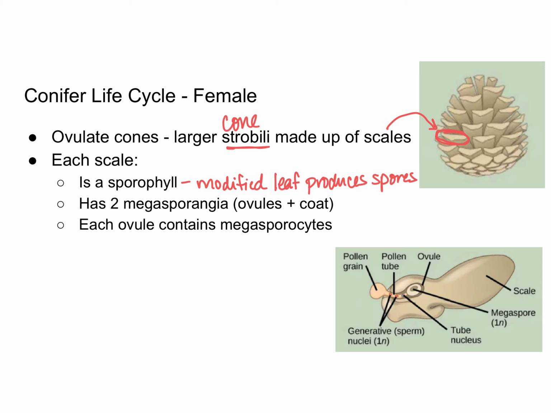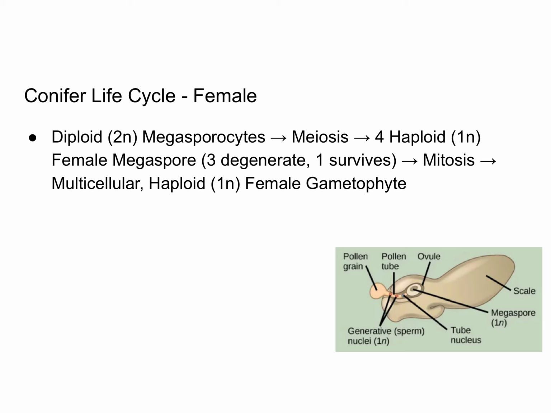In this picture, it doesn't show that much detail, but you can see the ovule. This ovule is essentially the megasporangium here. And within this ovule, there are megasporocytes that are ultimately going to form megaspores.